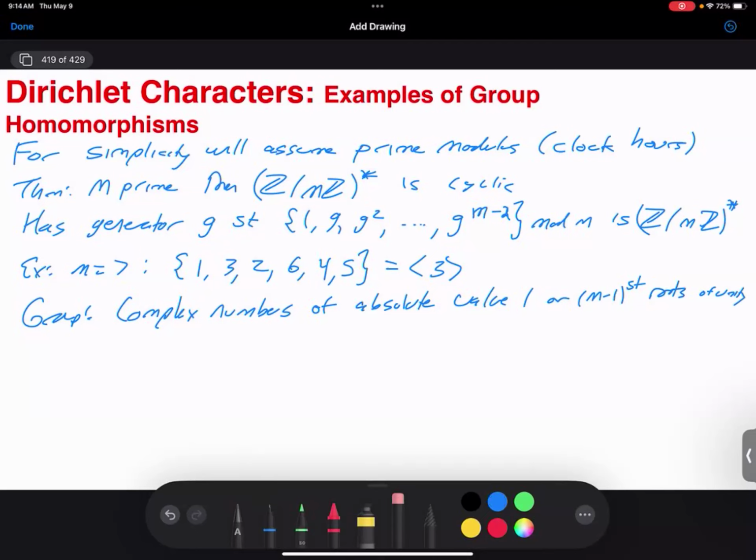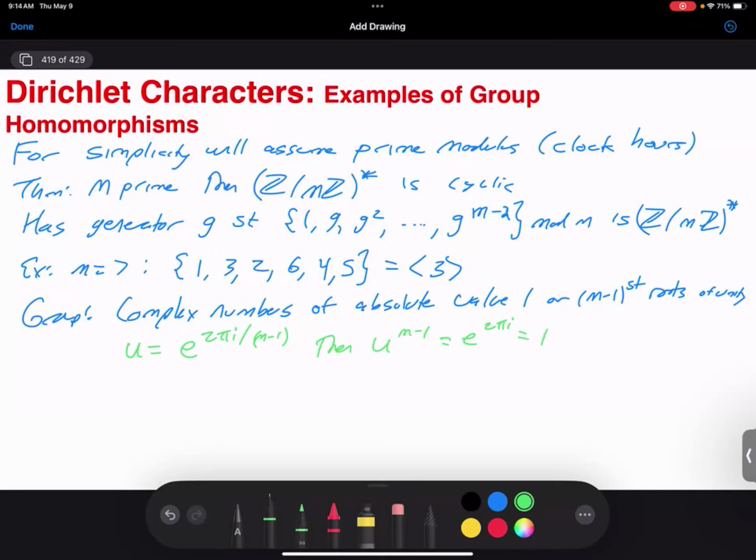So if I let U equal e to the 2 pi I over M minus 1, then what would U to the M minus 1 equal? It would just be 1, because that would just be e to the 2 pi I, which is just 1.